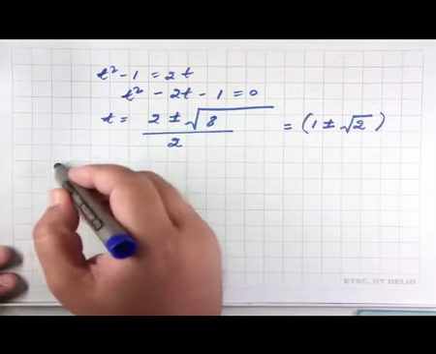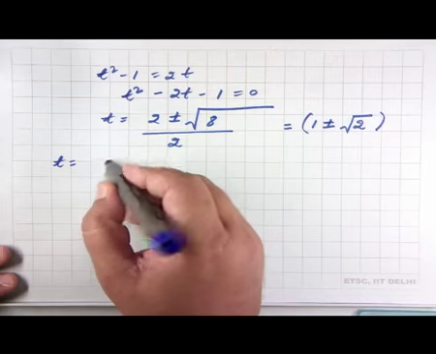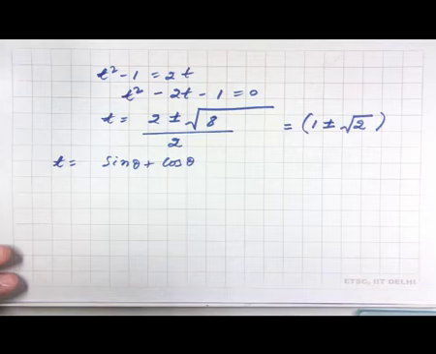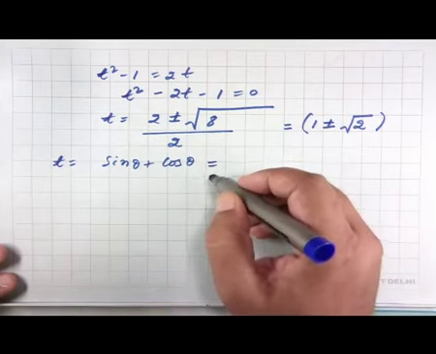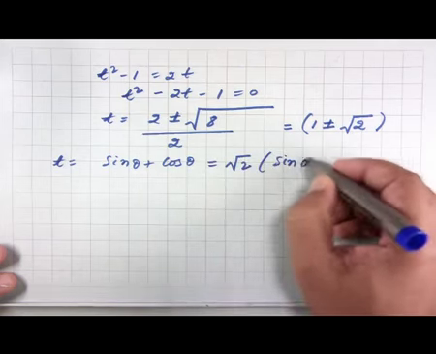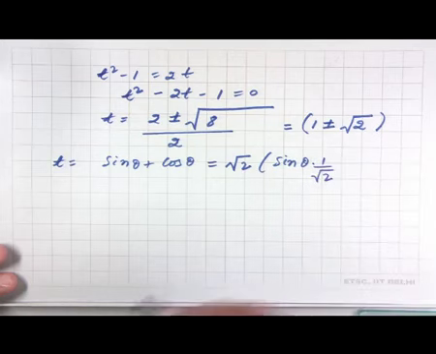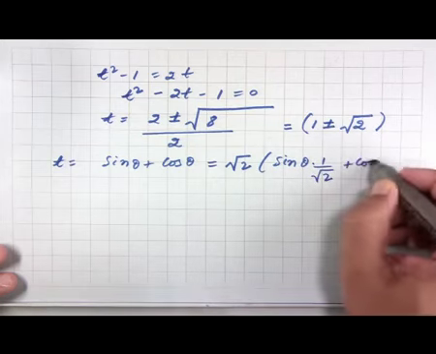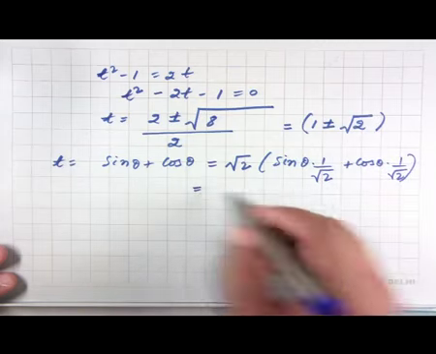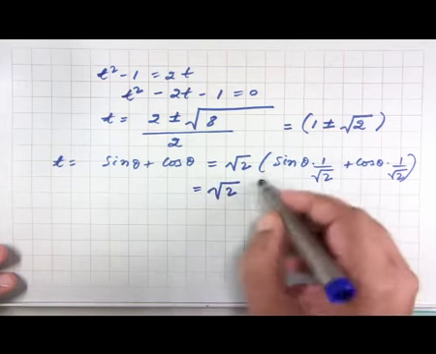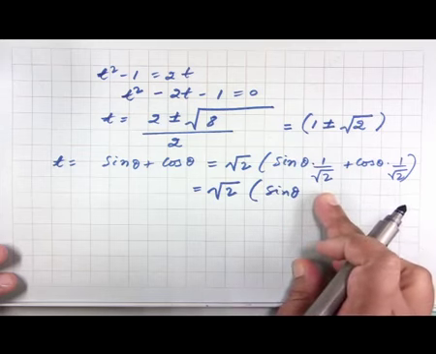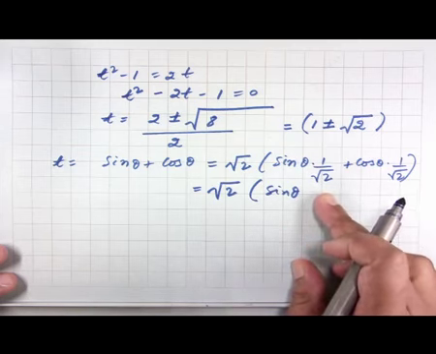Now, we know that t is equal to sin theta plus cos theta, which can be written as square root of 2 into sin theta times 1 over root 2 plus cos theta times 1 over root 2. Now 1 over root 2 is cos pi by 4 and it is also equal to sin pi by 4.